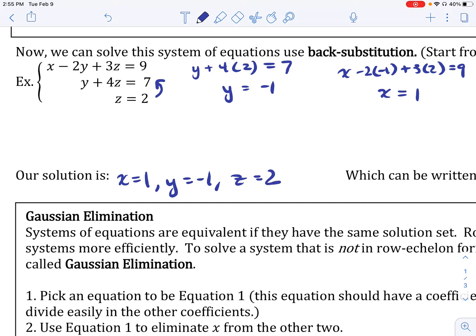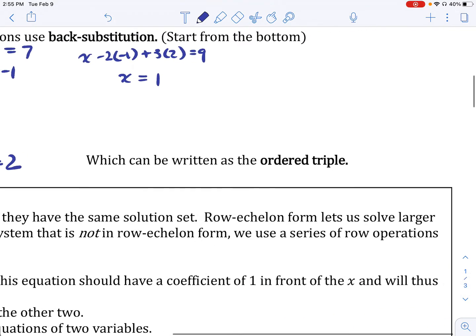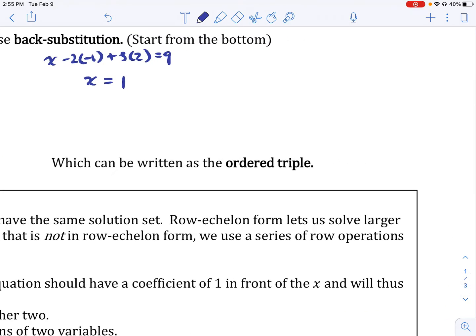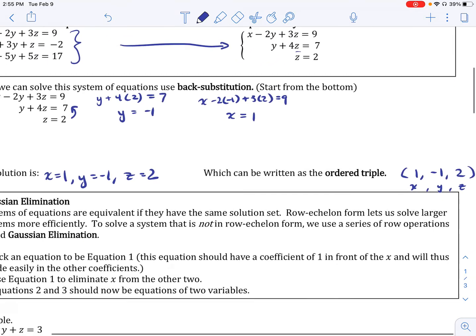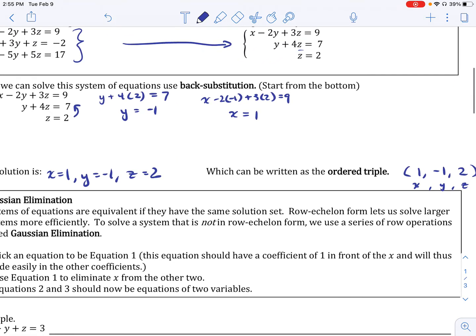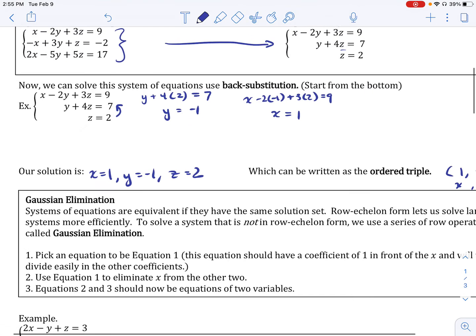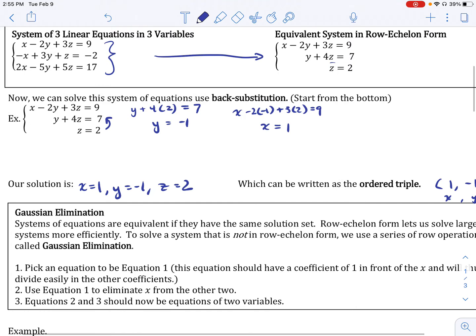And just like we wrote a system of equations solution as an ordered pair in the warm-up, we're going to write this solution as what we call an ordered triple, where this would be (1, negative 1, 2), where it's implied that the first value represents x, this is the y, and this is the z value here. So the benefit of writing a system in REF is so that we can do back substitution to find the unique solution that satisfies all three equations.